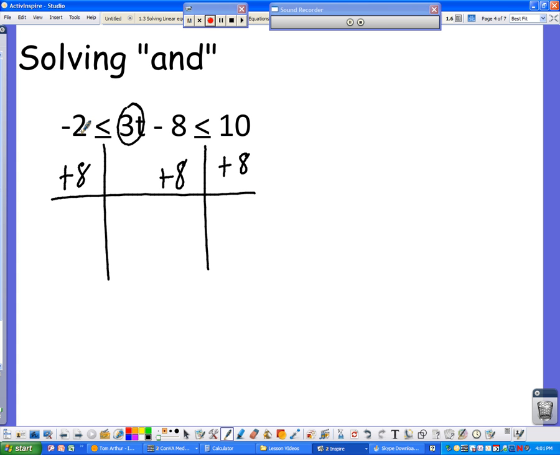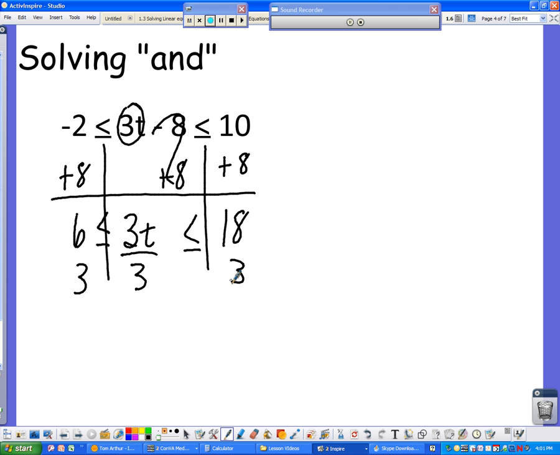Then we get -2 plus 8 equals 6, less than or equal to 3t. The -8 plus 8 cancels. Less than or equal to 10 plus 8 gives me 18. And then I divide by 3. But remember, when I divide by 3 in the middle, I have to do it on each side of each of the boundary lines.